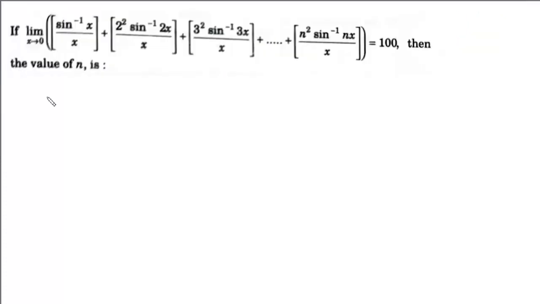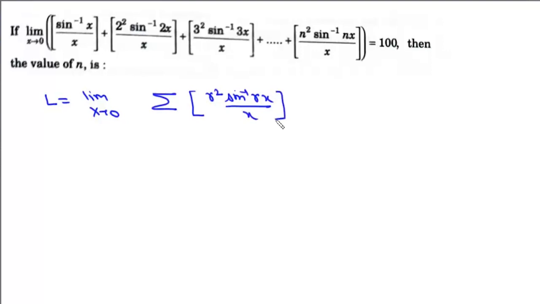Now here the question is we need to solve this limit, which is limit x tends to 0, and then this summation of the greatest integer function of r square sine inverse rx upon x, where r varies from 1 to n.